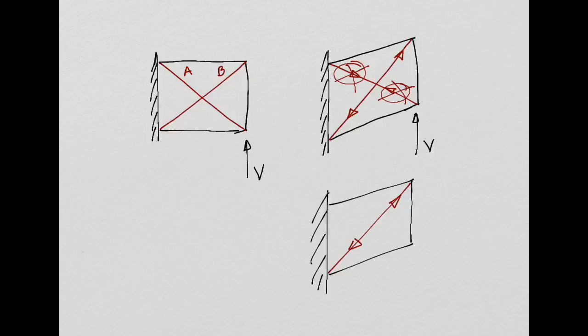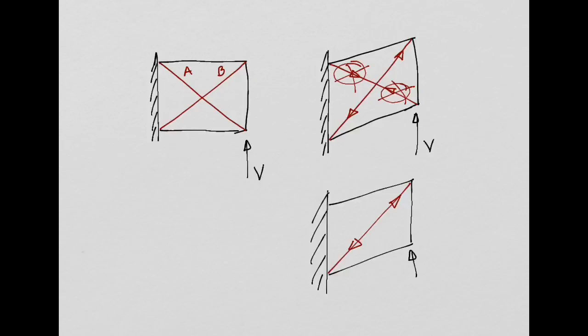Basically, this plate or this web is going to be carrying this load V only in tension, yeah? Because the compressive part, because it buckled in that direction, is not there anymore.